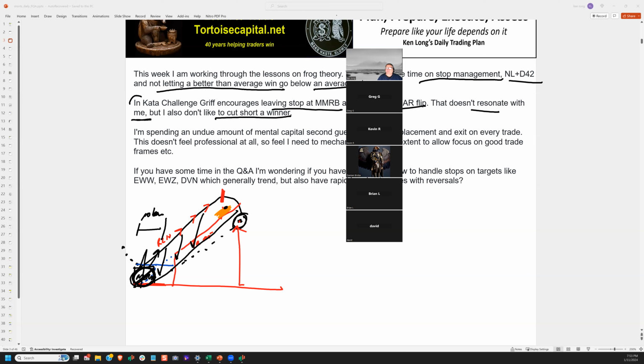So what I like to do is treat the original wrist box as one solid noise box and leave the stop at the bottom of that until such time as this thing has moved high enough above my entry that I can jump my stop to no lose plus dinner for two, and then trail with the PSAR.